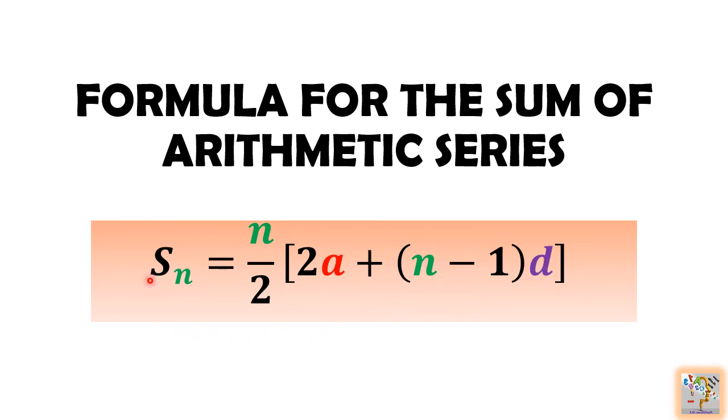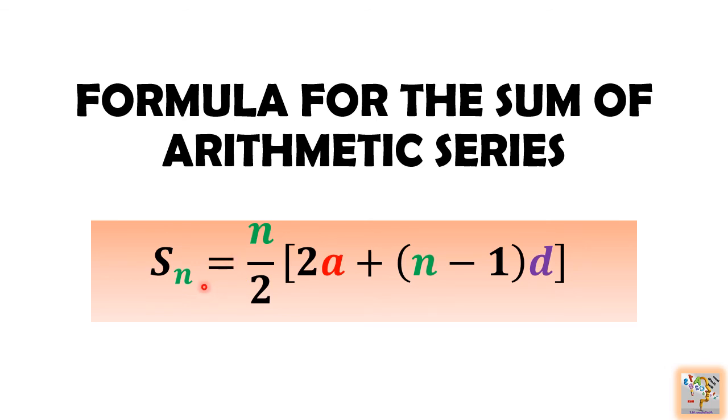I said at the beginning this was strange to you, but now you know what the Sn represents, what the n represents, what the d represents. So if the question says determine or calculate the sum of a number of terms of an arithmetic series, the formula for the sum of an arithmetic series, then you will use this one.